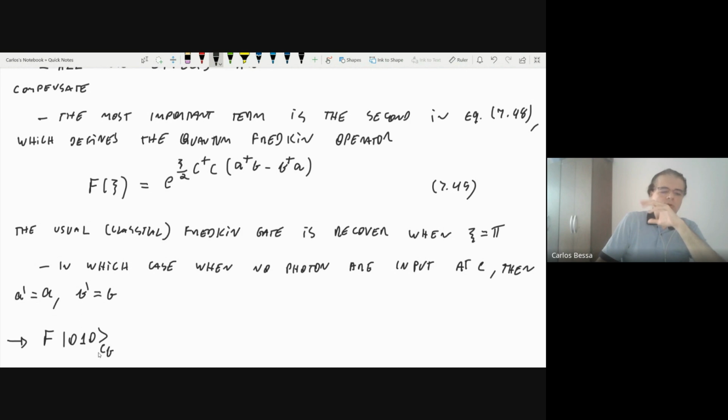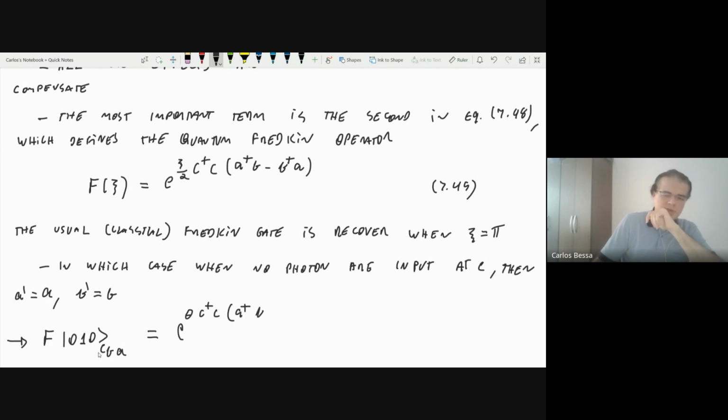So our convention is C, B, A. So when we apply this to this state, I'll write this in terms of a theta, just to make the thing simple, because it's easier to write a theta than a psi.